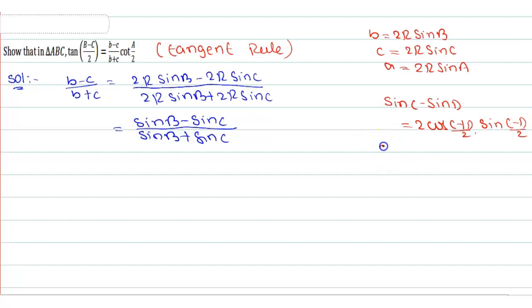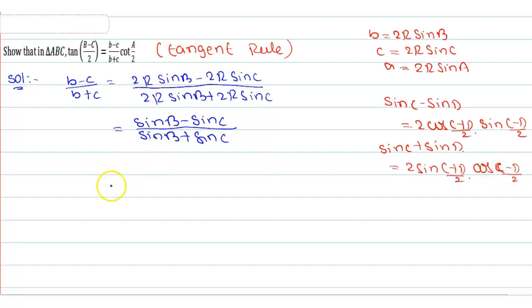And the next formula is sin C plus sin D. Sin C plus sin D formula is 2 sin of (C plus D) by 2 into cos of (C minus D) by 2.